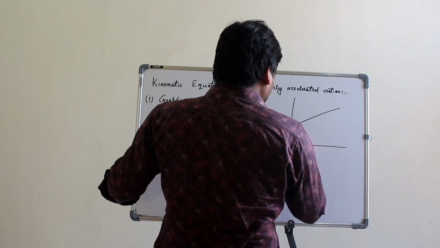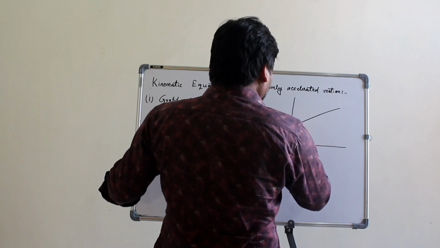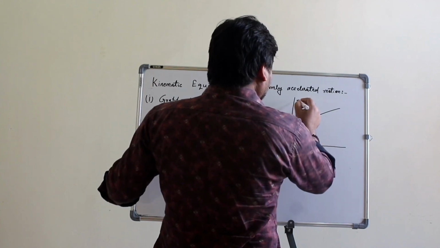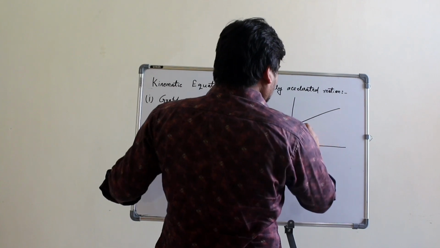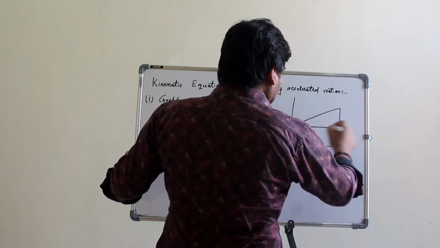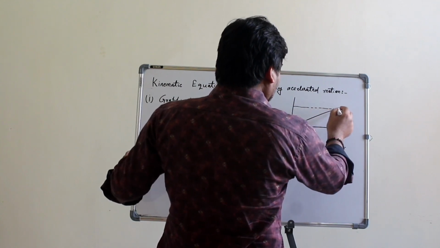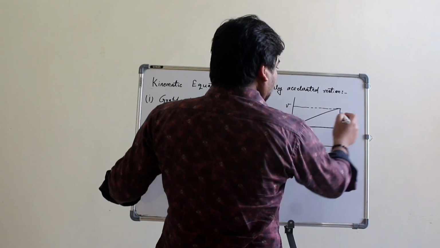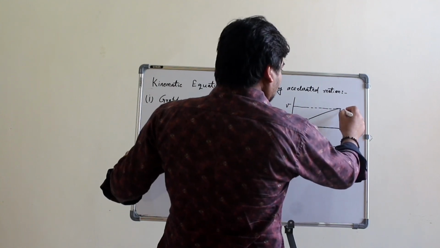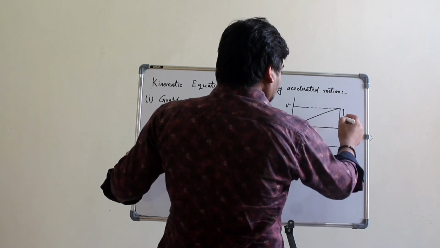It says O, A, where this is V naught, and this is V, and this is V minus V naught, right?